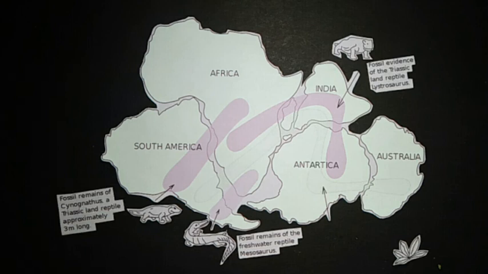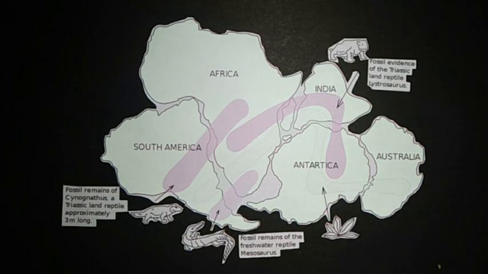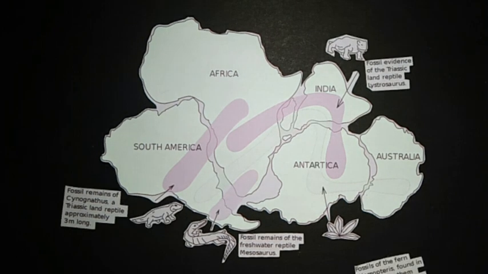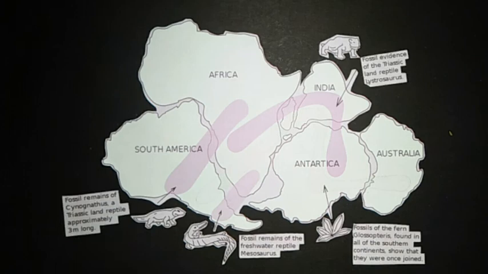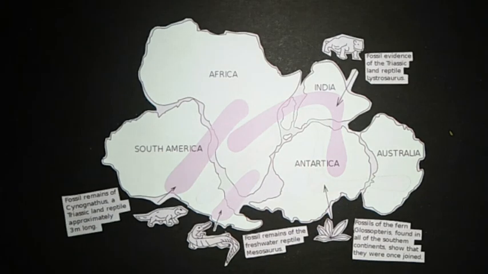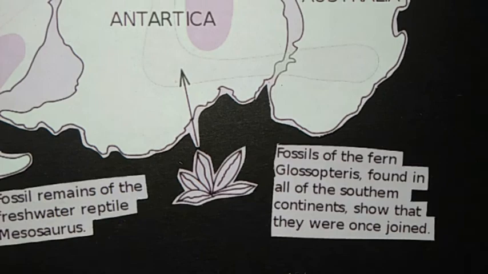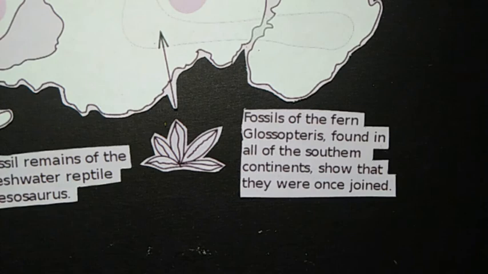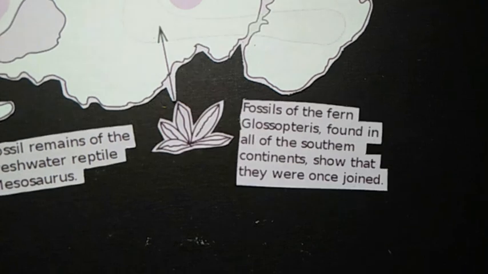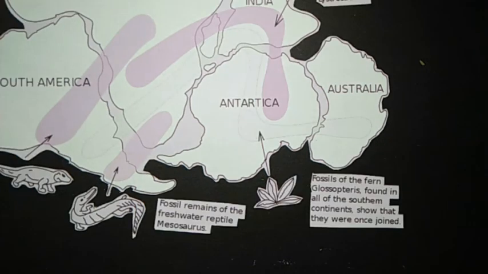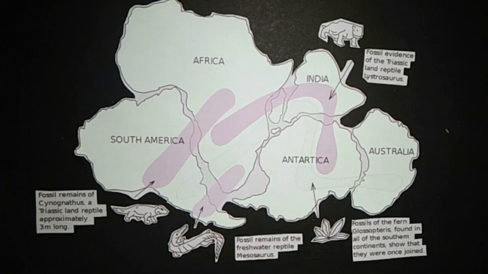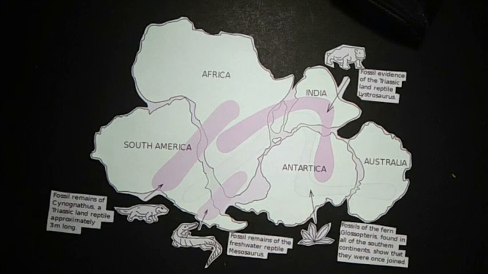And the last fossil is a fern, Glossopteris, and they can be found in all of the southern continents here. And these fossils shown are the proof that the huge landmass were once joined.